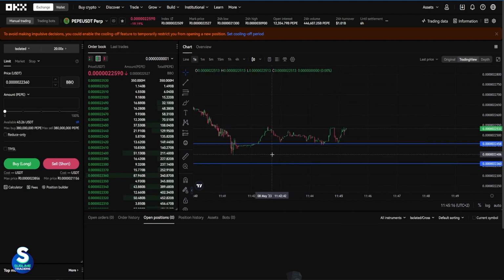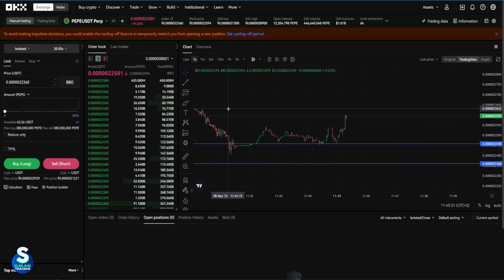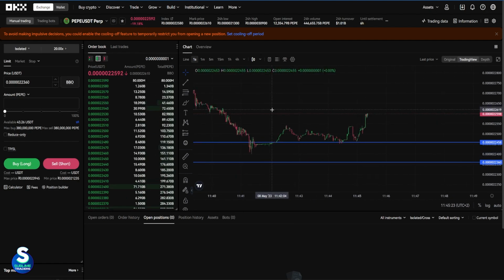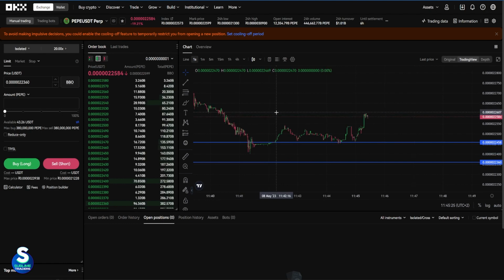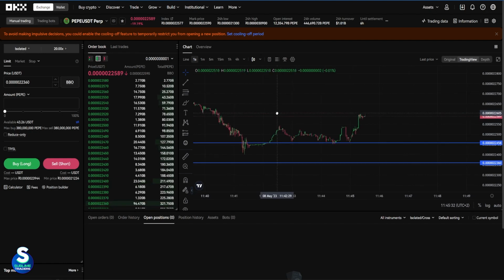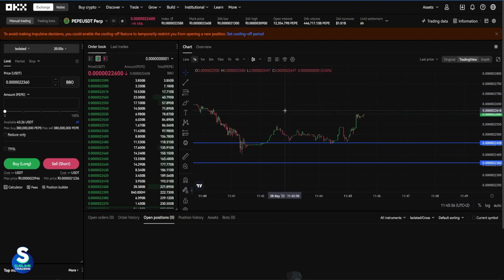You need a very volatile pair. So in this case we have Pepe, which is an extremely volatile meme coin that has a lot of adoption. You must know it. It pumped a lot last week, and now it has been dropping for a while. So we are doing this on Pepe. It doesn't work on Bitcoin.